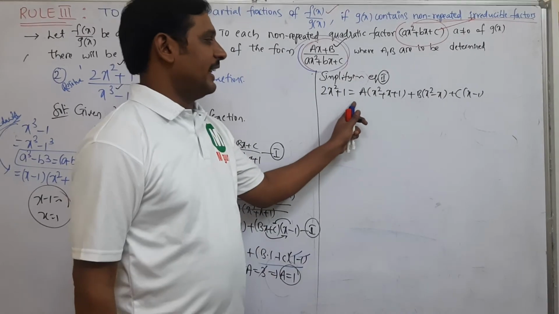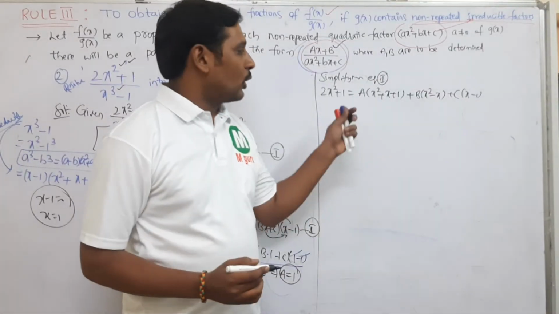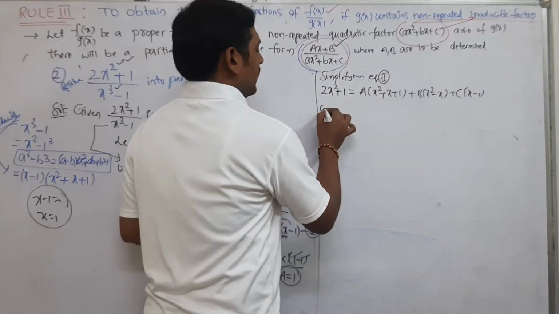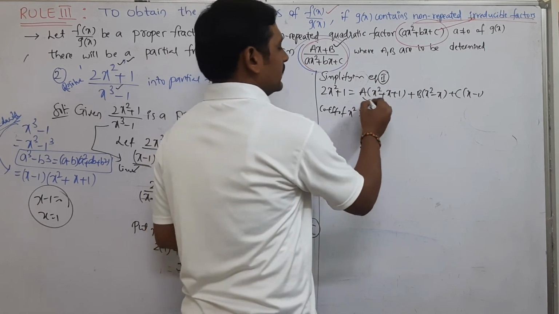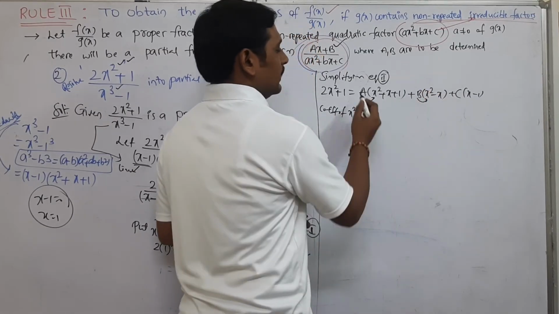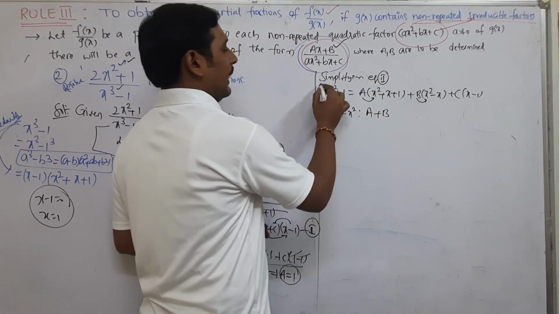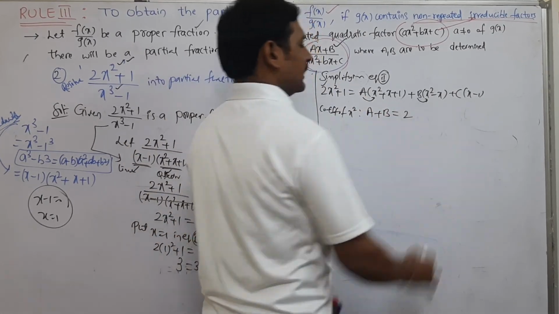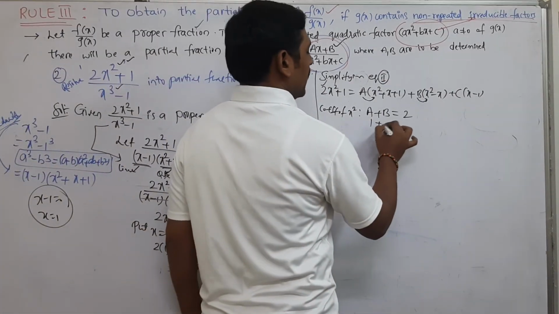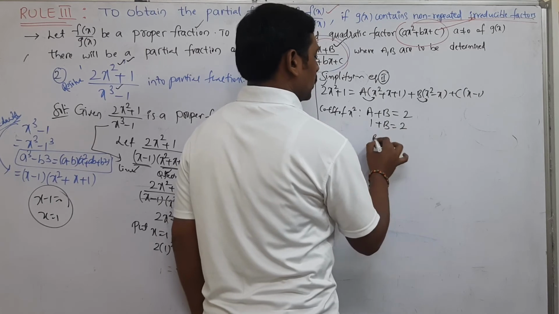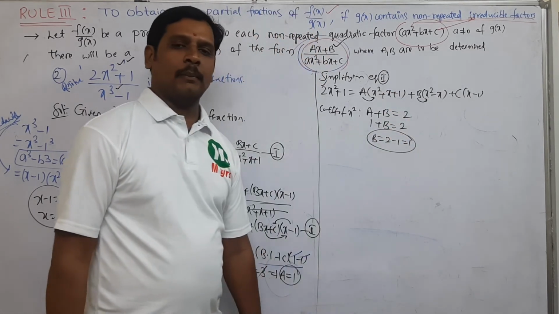We have written a into something, b into something and c into something. Now go for the comparison. Let us take the coefficient of x square. A into x square gives a, b into x square gives b, and on the left side we have 2. So a plus b equals 2. But what is the a value? 1. If you replace it here, 1 plus b equals 2. B equals 2 minus 1, nothing but 1. We got the b value.